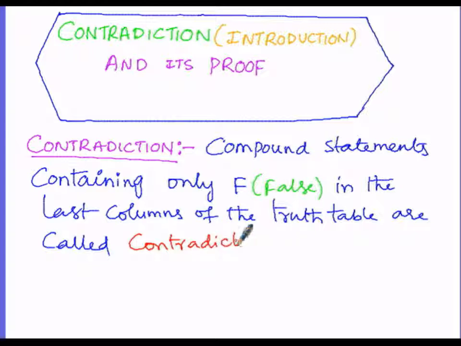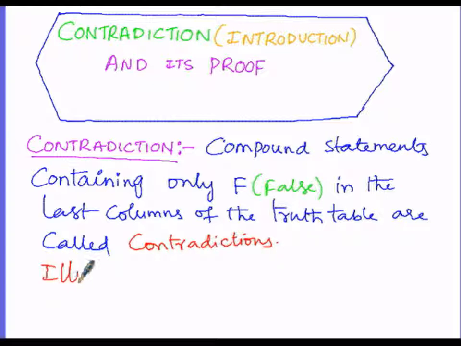From this it is clear that in case of a truth table of a statement, the last column must contain only false truth values, then only such compound statements are said to be called as contradictions. Then now let us illustrate by means of an example.